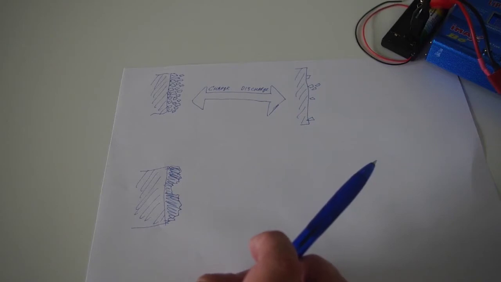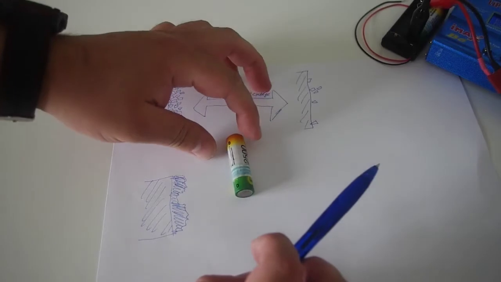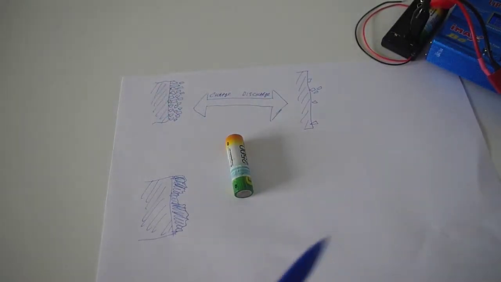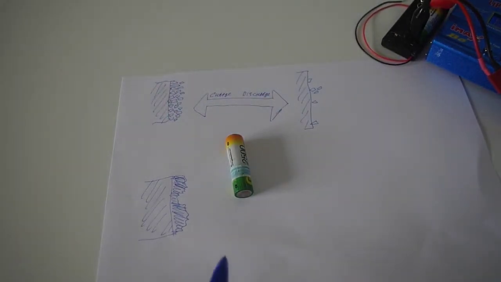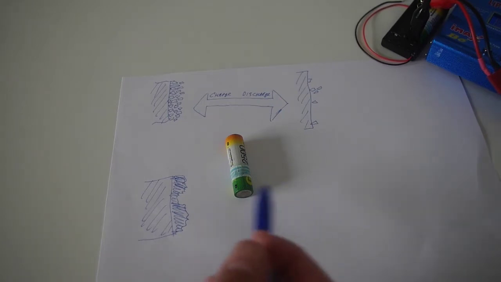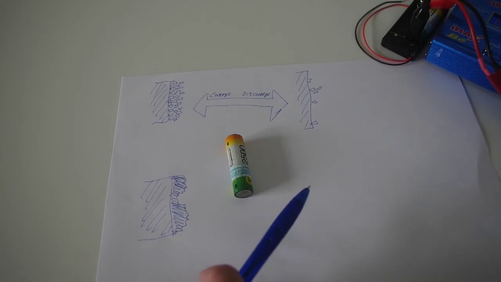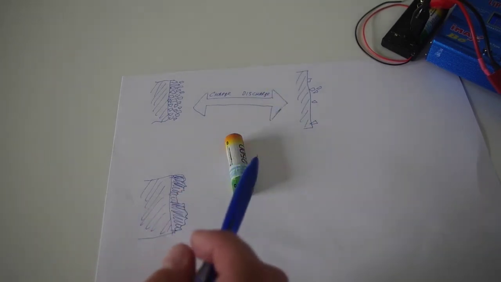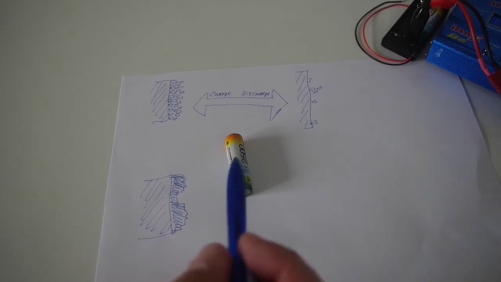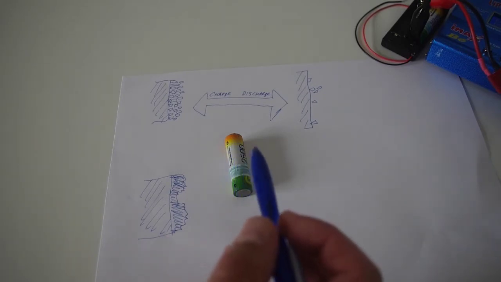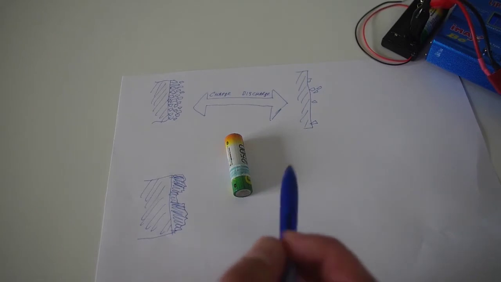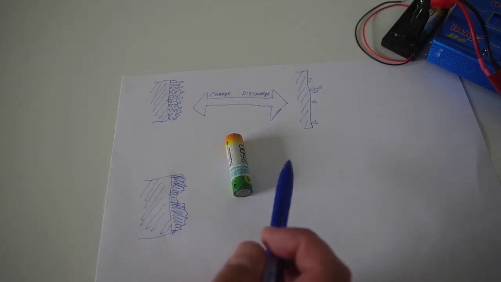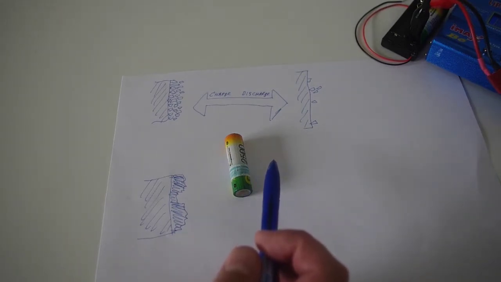And here is an important moment: we must discharge them one by one, not in series, because as you saw before, capacities are not equal from one cell to another, and if you try to fully discharge them in series, some will be depleted first and then they will be, let's say, reverse charged, so you will damage and fully kill them.